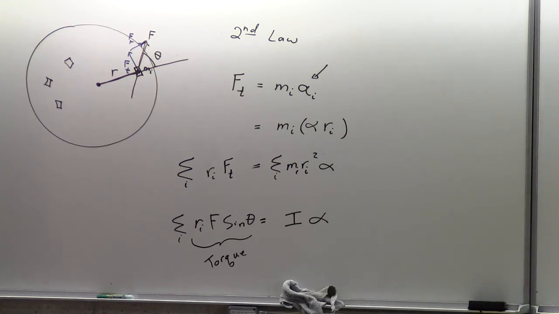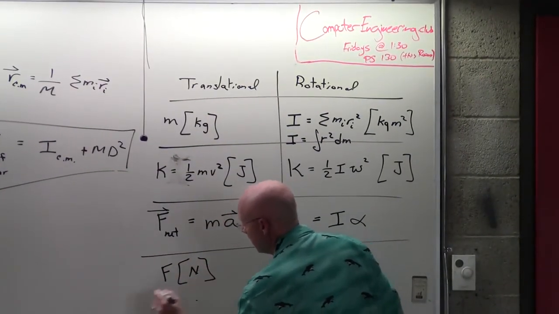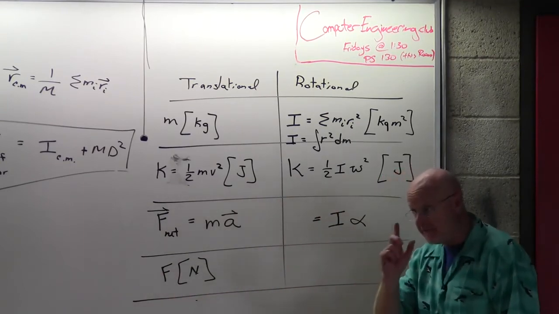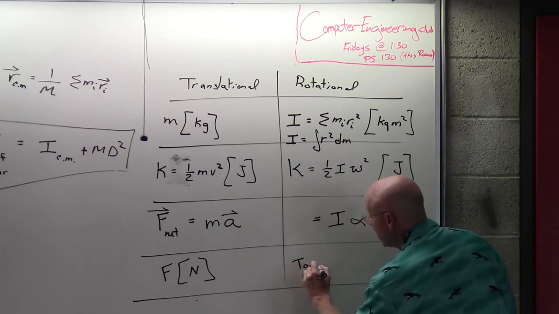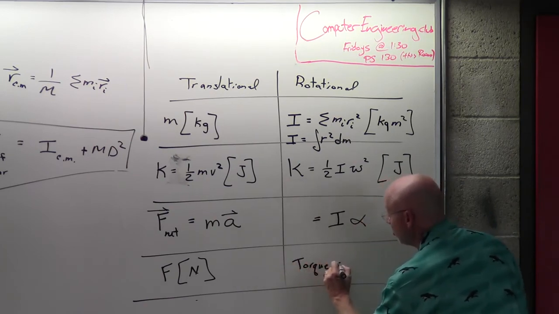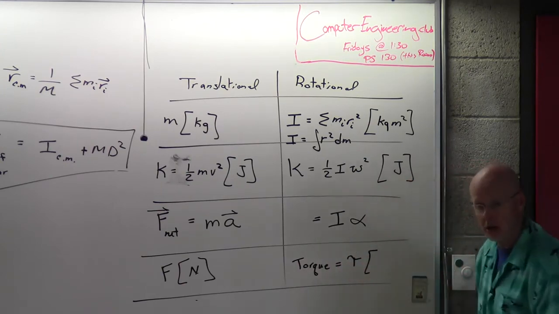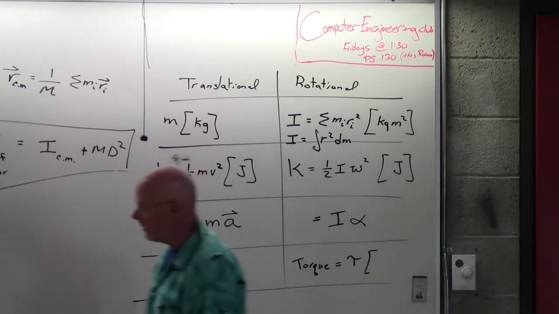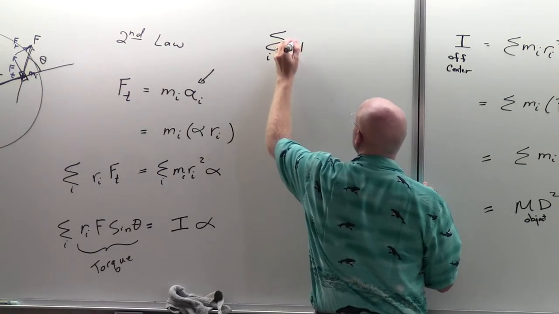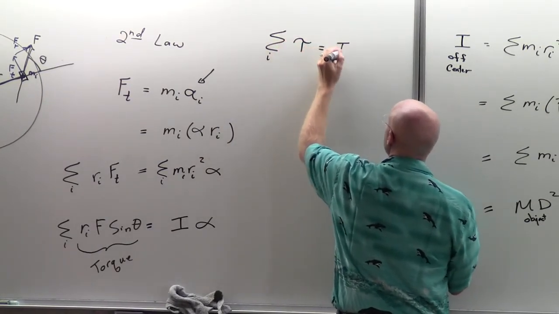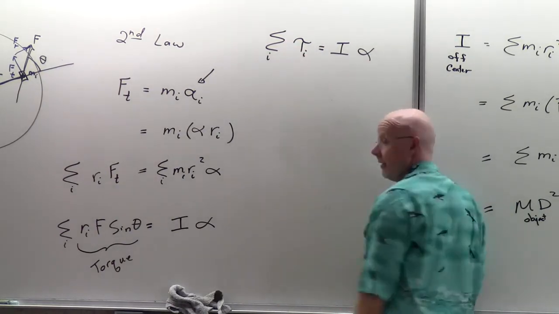And so when we talked about objects moving, they were moved because of a force. So now when we talk about an object rotating, we're going to call it a torque. And probably not a surprise then that the symbol we will use for torque is the Greek letter tau.